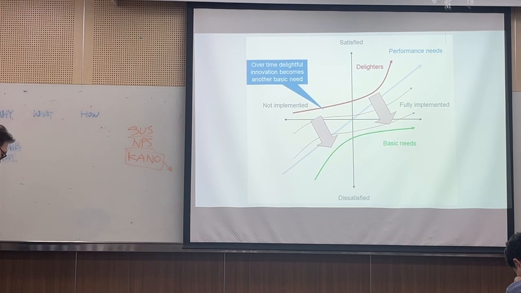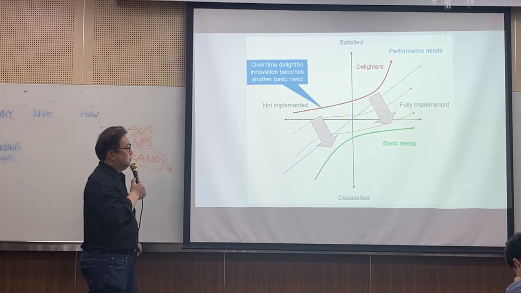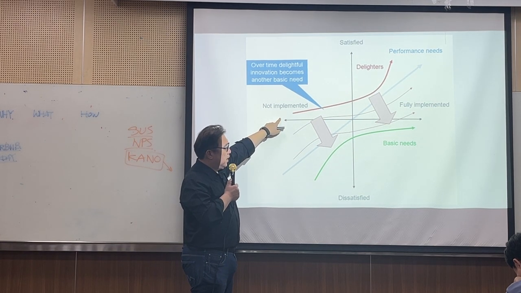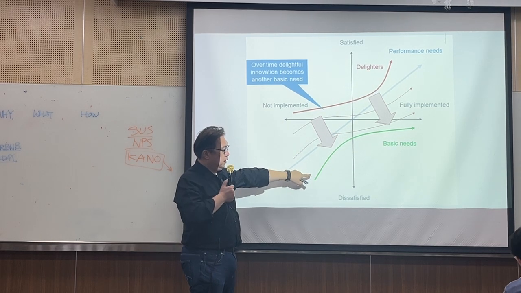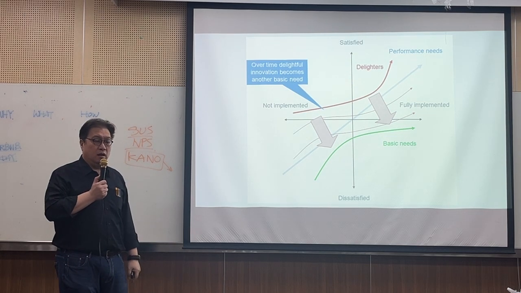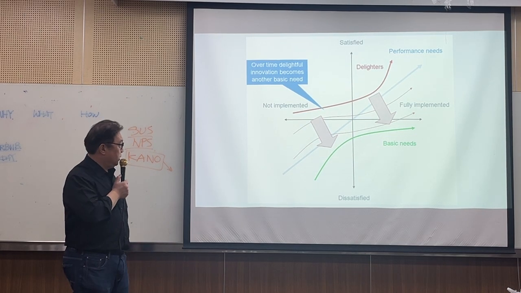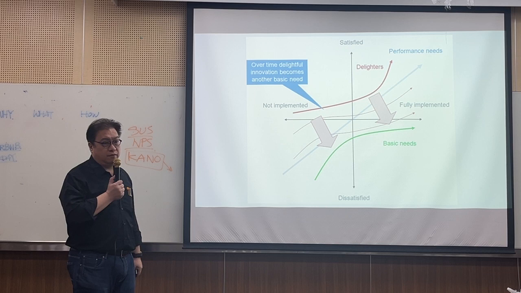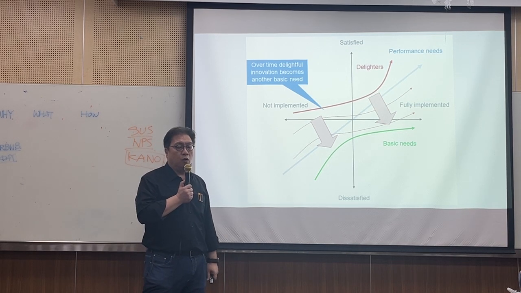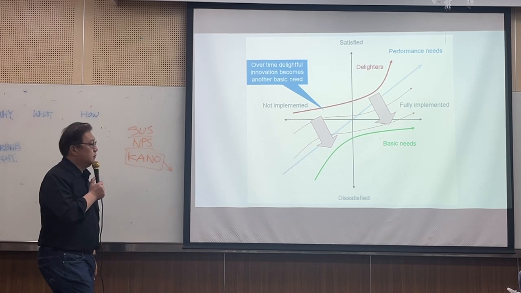Also, an attractive function may gradually move all the way to basic needs. For example, a clean environment might have been an attractive function in the past, but right now it's a basic need for almost all the restaurants in Taiwan.